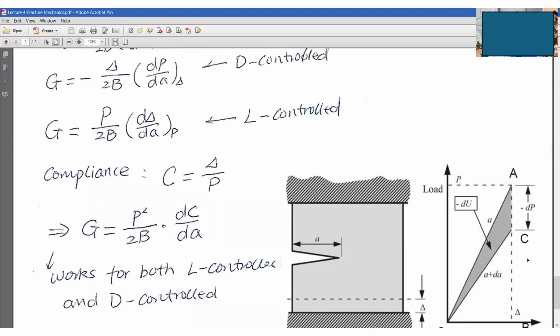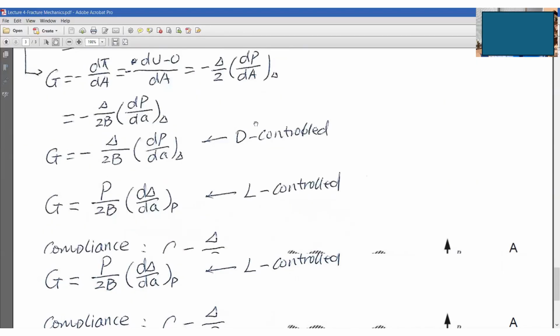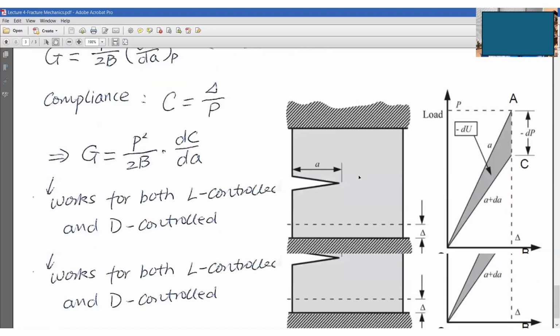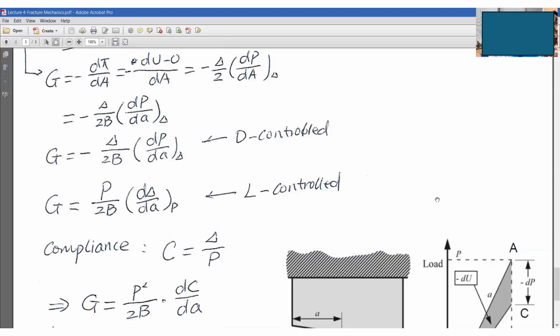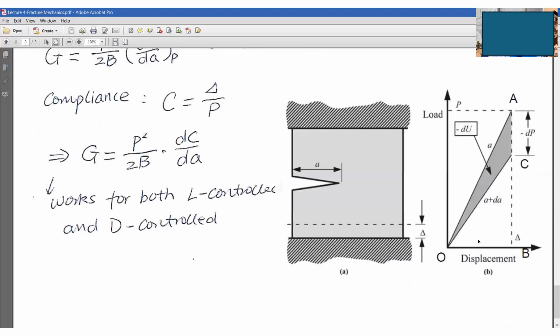So we can see clearly dU, right? And dU, where U is the strain energy, equals OCB, the new crack A plus dA, minus OAB, the older crack.